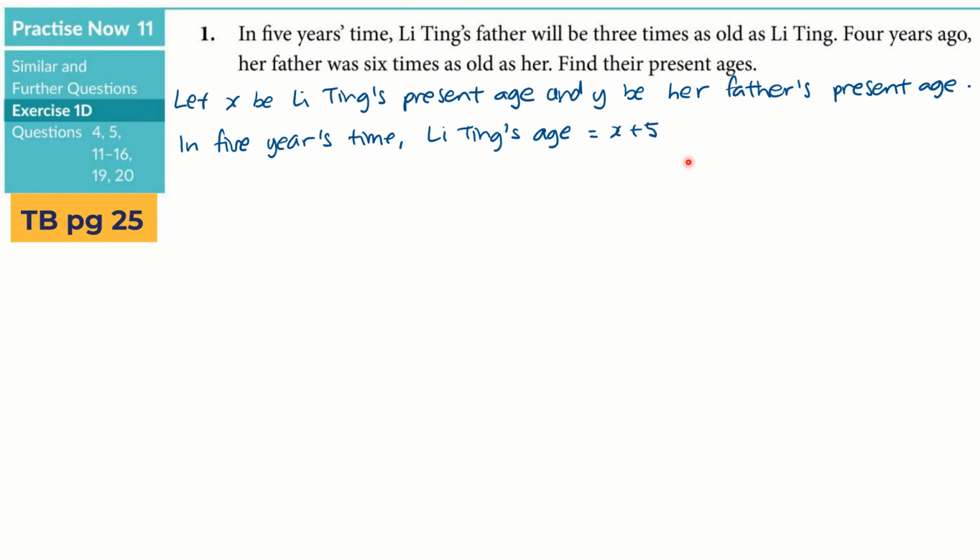The age will naturally increase by 5 years. Likewise, her father's age is going to be Y plus 5. So the question says that the father will be 3 times as old as Li Ting. In other words, Y plus 5 equals 3 times Li Ting's age, which is X plus 5. So that helps us to form our first equation.